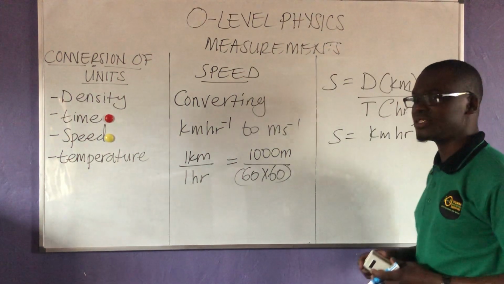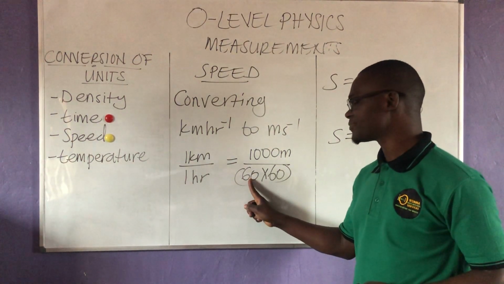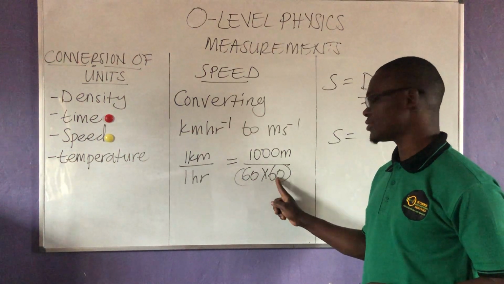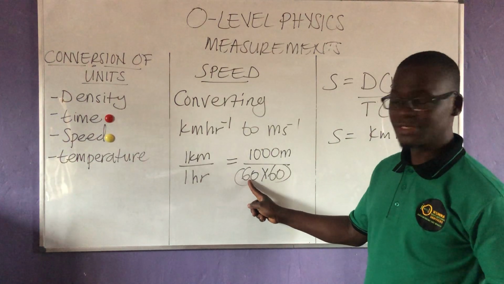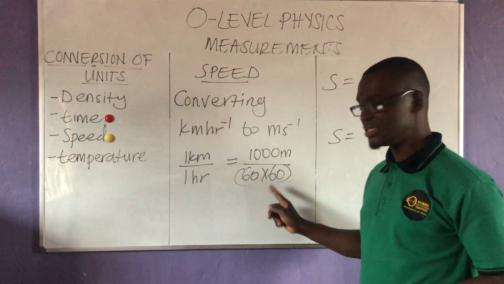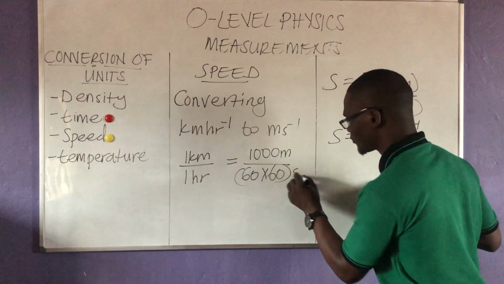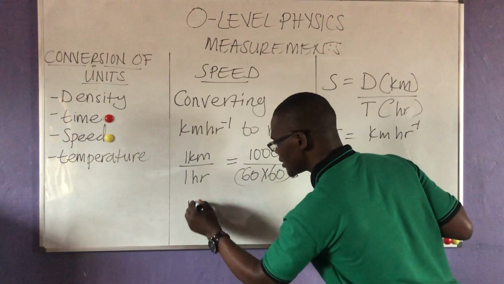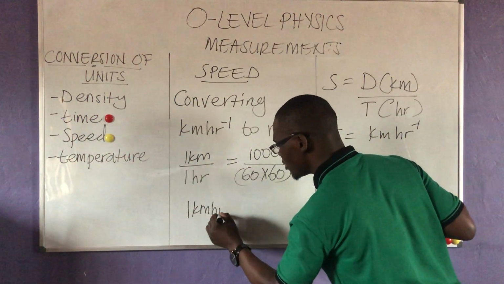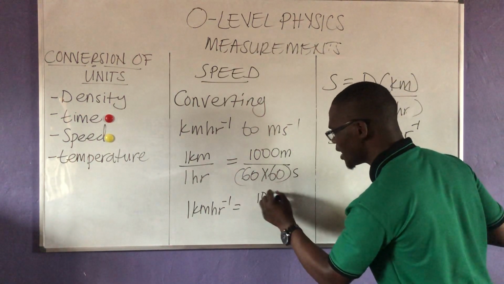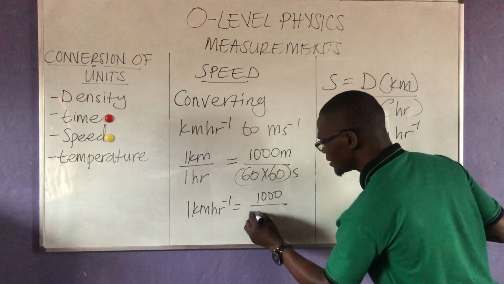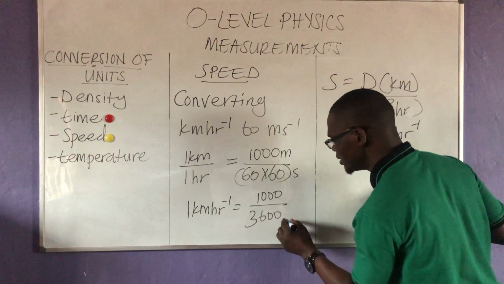We first change the hour to minutes and change the minutes to seconds. That's why we are multiplying by 60. This 60 is for minutes and this 60 is for seconds. Hence giving us 1 kilometer per hour being equivalent to 1,000 over 3,600 seconds.